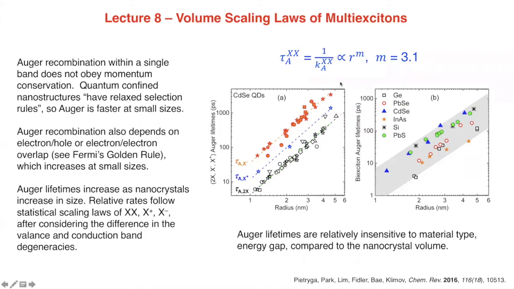And if you take this straight line and you look at those lifetimes as a function of radius, you'll find that it basically goes as radius cubed. So this is a recombination probability that is proportional to the volume of space in which the recombination is happening. And that has a lot to do with the number of atoms in the crystal and the number of possible states that either the electron or hole can go into when it is photoexcited.